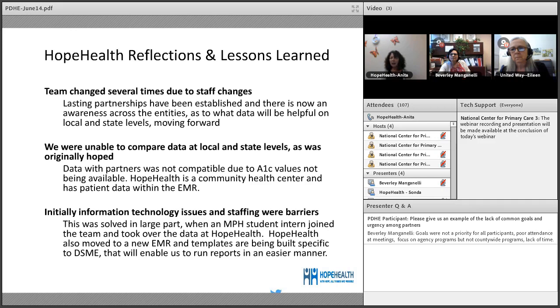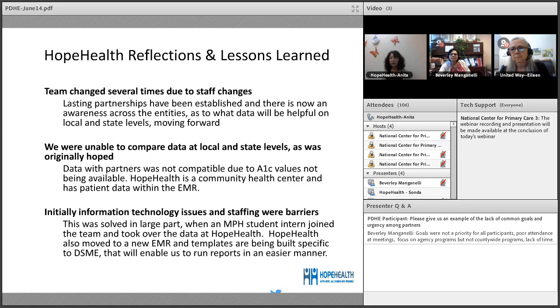We had technological problems. In-house at Hope Health, the EMR that we were using when we first started out with the collaborative was not user-friendly, but the good thing is we now use a different EMR that's much more user-friendly for running the reports that we had hoped to run.